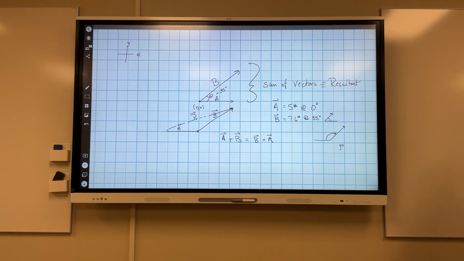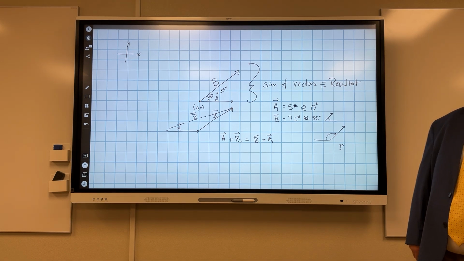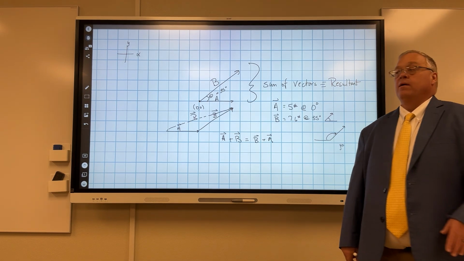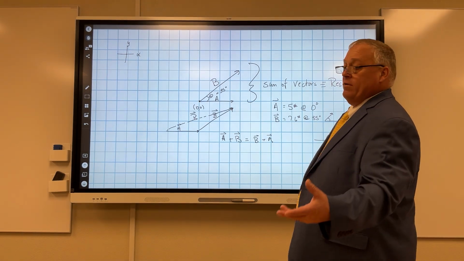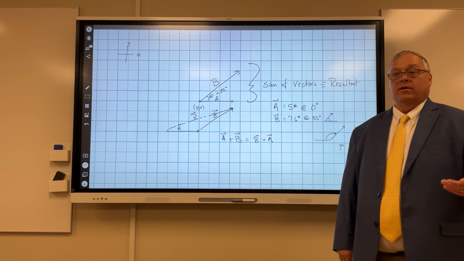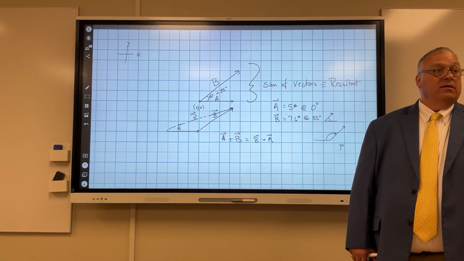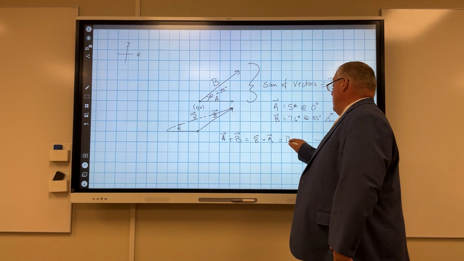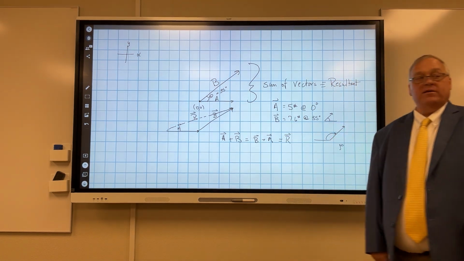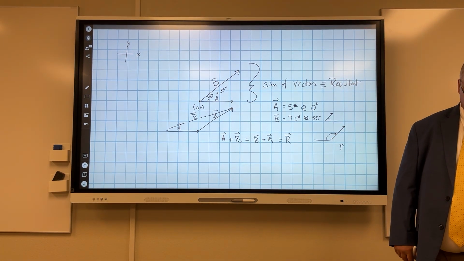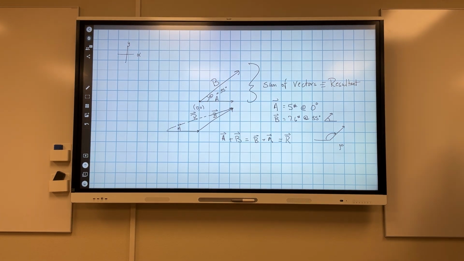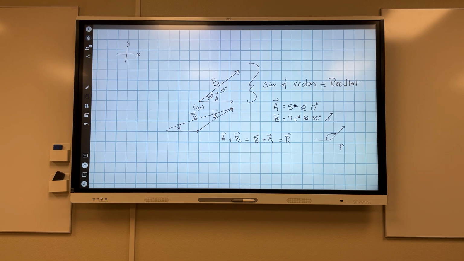The x component of vector A is going to add to the x component of vector B. The y component of vector A is going to add to the y component of vector B. So that we have a resultant component which has both x and y portions. Can you add more than two vectors at one time? You could, if you split them up by components.